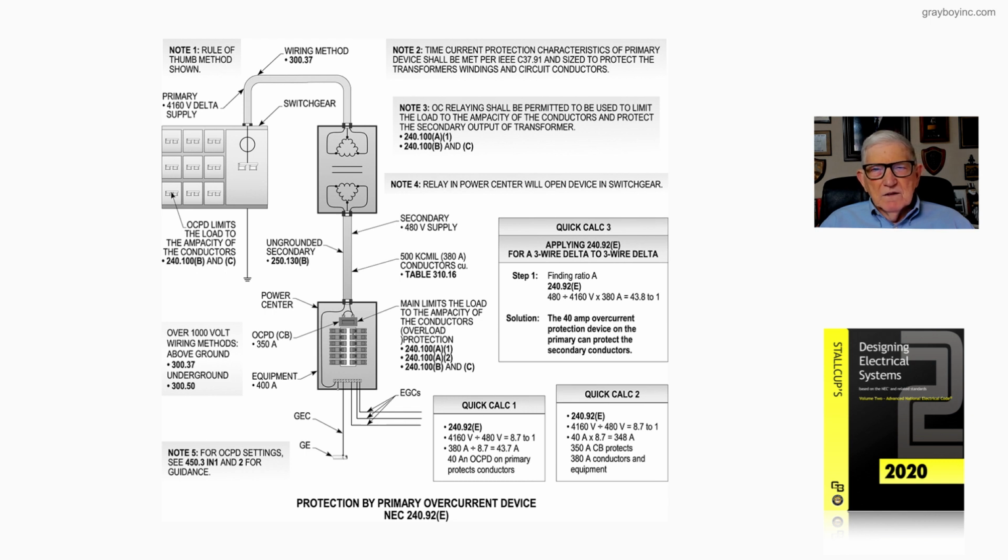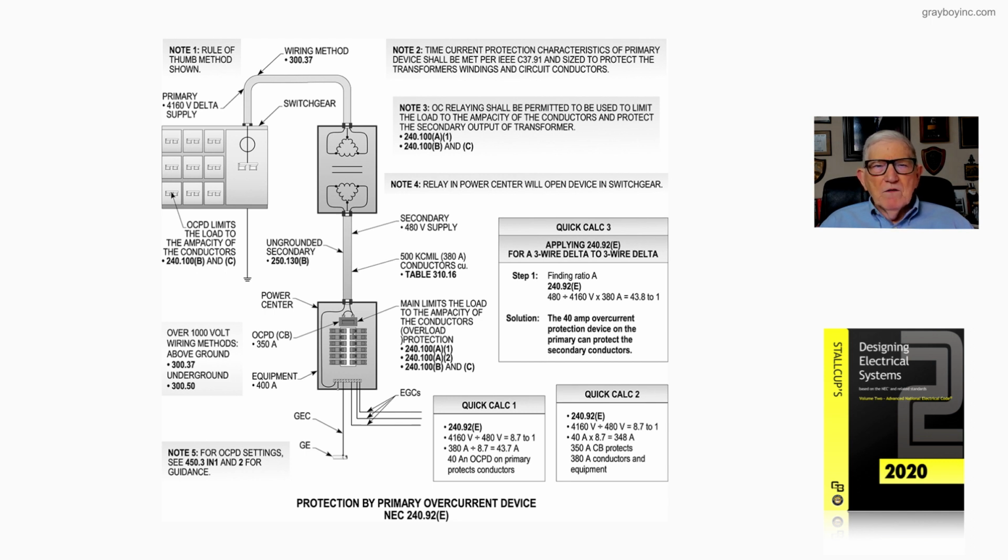Now, those are our notes, but let's look at the information provided in the switchgear here. We have a primary, which is a 4160 delta connected supply. The overcurrent device limits the load to the ampacity of the conductors in 240.100(B) and (C).